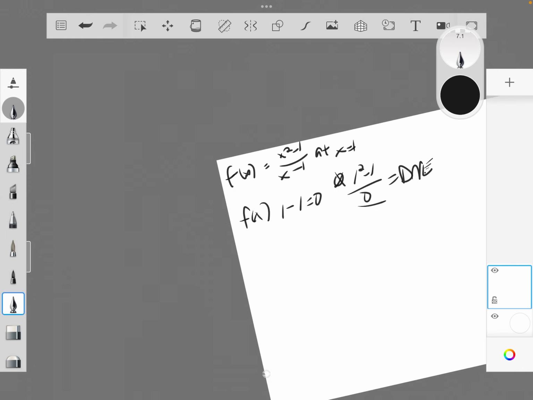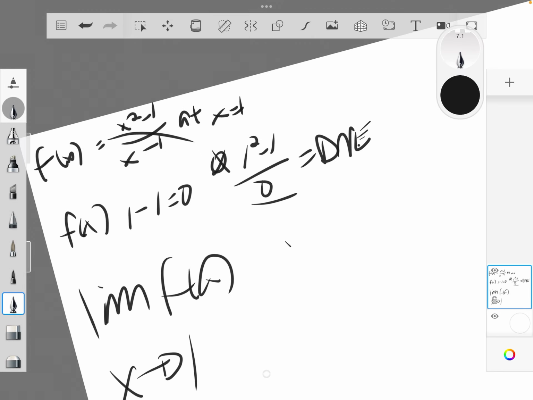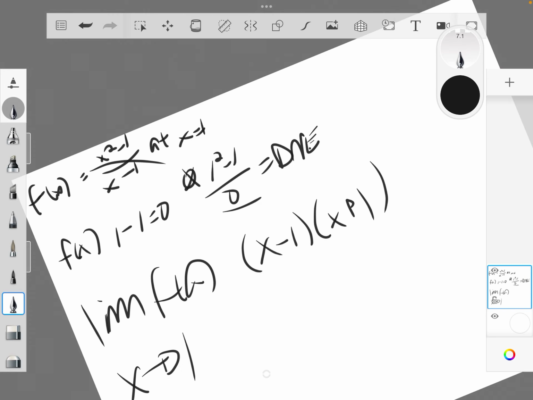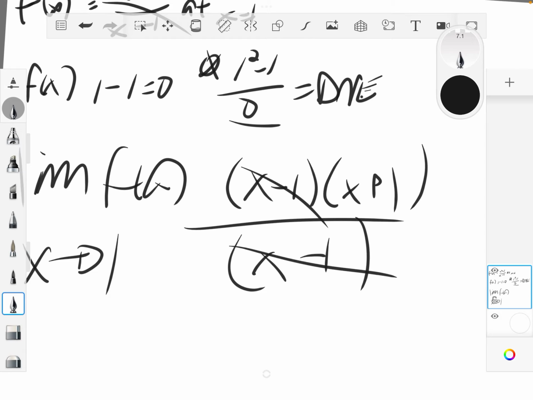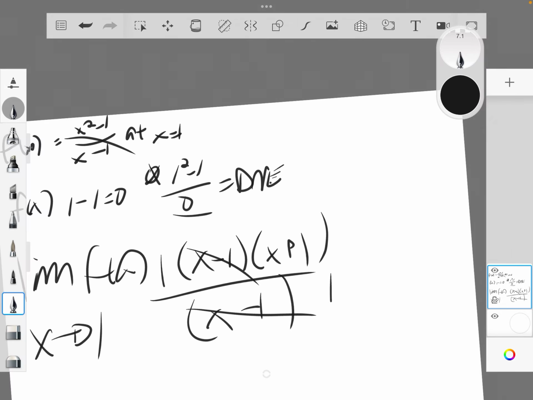But for limits, it's a bit different. For the limit as x approaches 1, we can change the top. X squared minus 1 becomes x minus 1 times x plus 1. You see the difference? You can't just put in 0, but I can cancel it. So 1 plus 1 over 1 becomes 2.